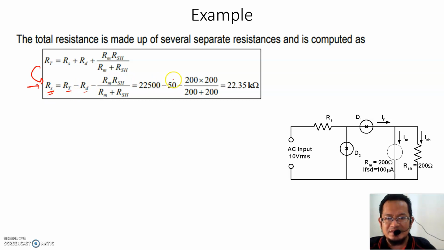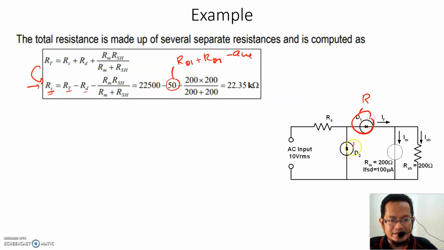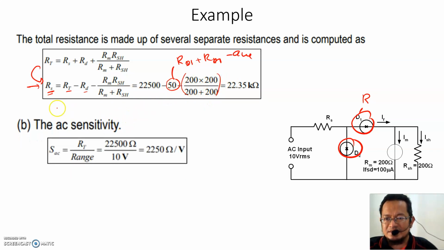The diode resistance RD is assumed to be 50 ohm, because the diode here also has some sort of internal resistance. RD is basically RD1 plus RD2, the average of diode 1 and diode 2. It's given, you don't have to calculate that, and you multiply by these two parallel resistors. After that, you can calculate your RS, which is around 22 kilo ohm.